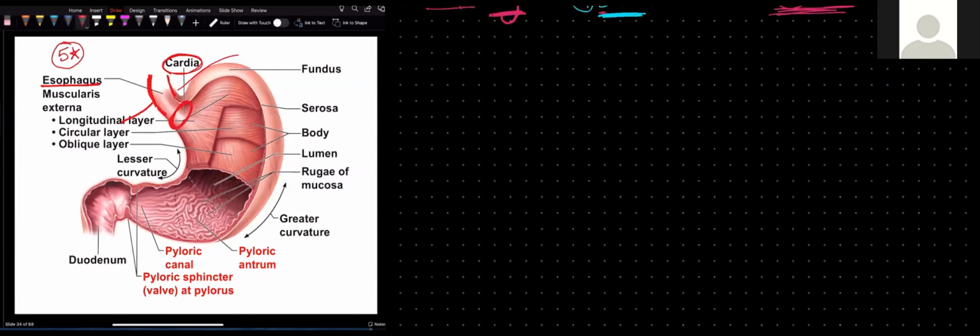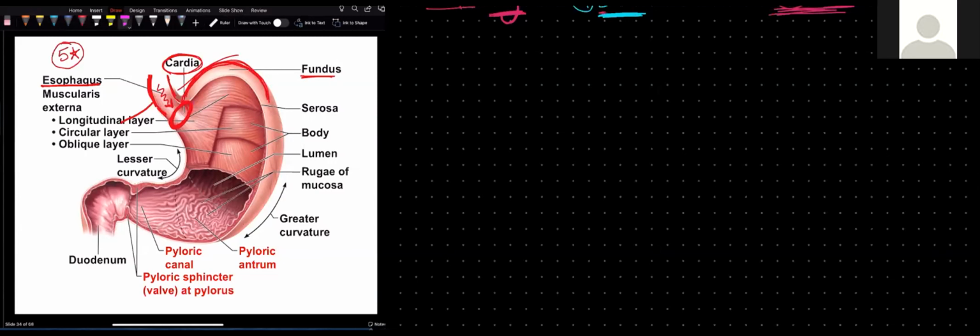And the cardia here will have a sphincter that regulates the passage of the food down from the esophagus to the stomach. So we're going to call the sphincter in this region the cardiac sphincter. This is the cardia of the stomach. We can see a dome-shaped part of the stomach. This dome-shaped part of the stomach is going to be the fundus of the stomach. Fundus.